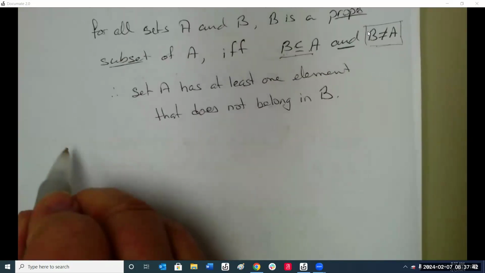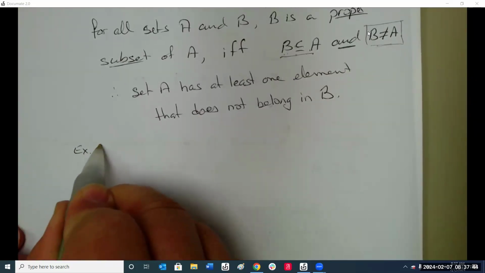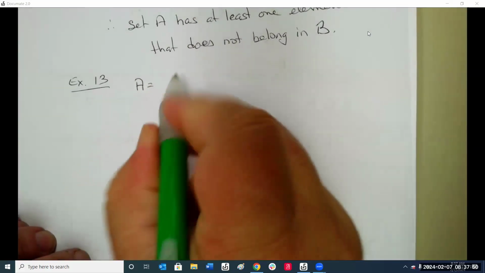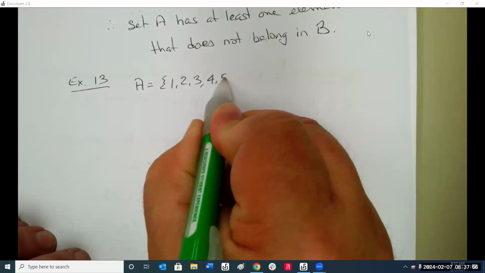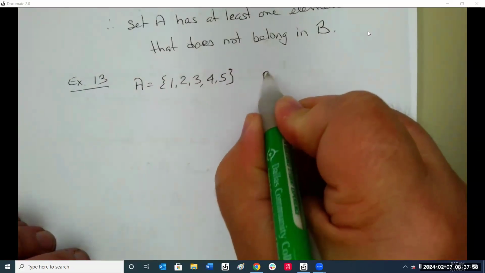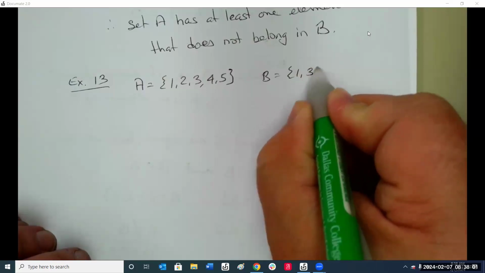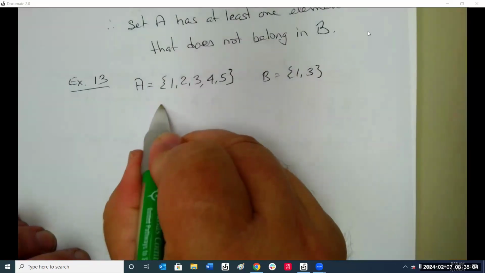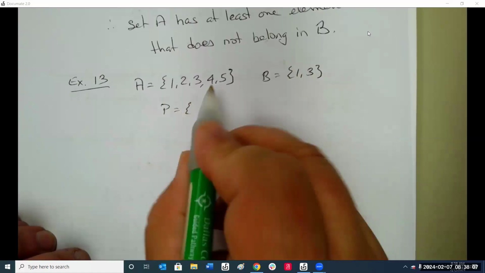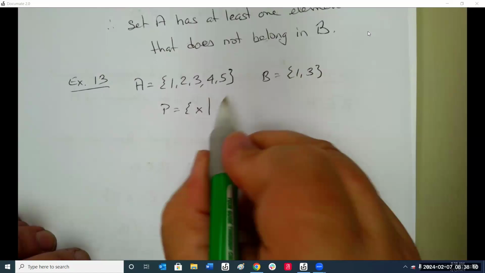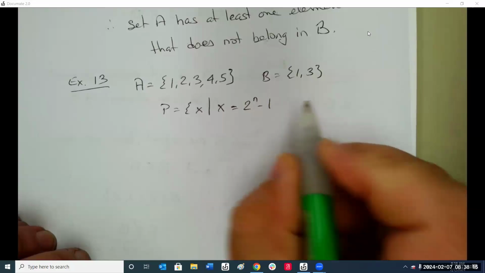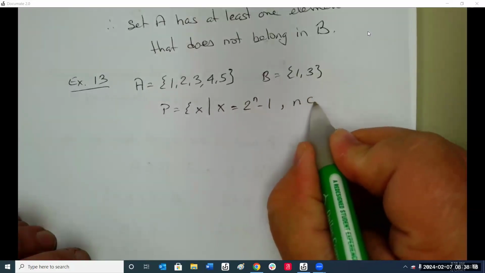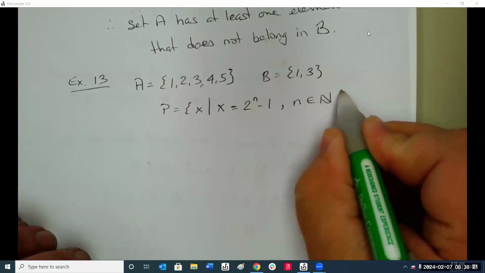Yes, example 13. Set A equals 1, 2, 3, 4, 5. Set B is equal to 1, 3. And set P is equal to all the sets of X such that X is equal to 2n minus 1, where n is an element of the natural numbers.